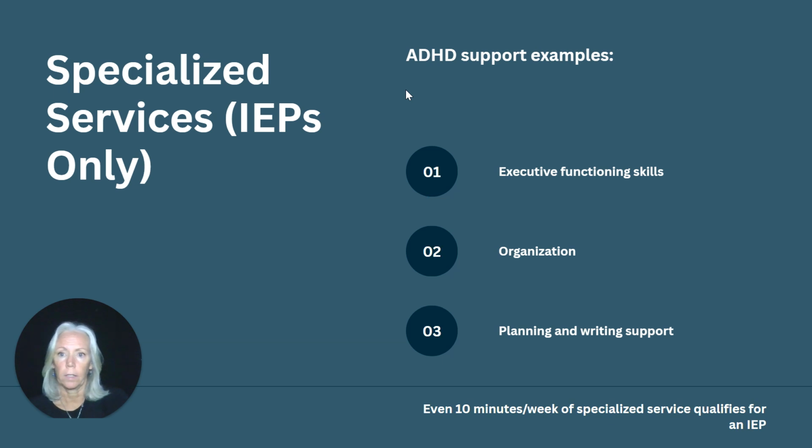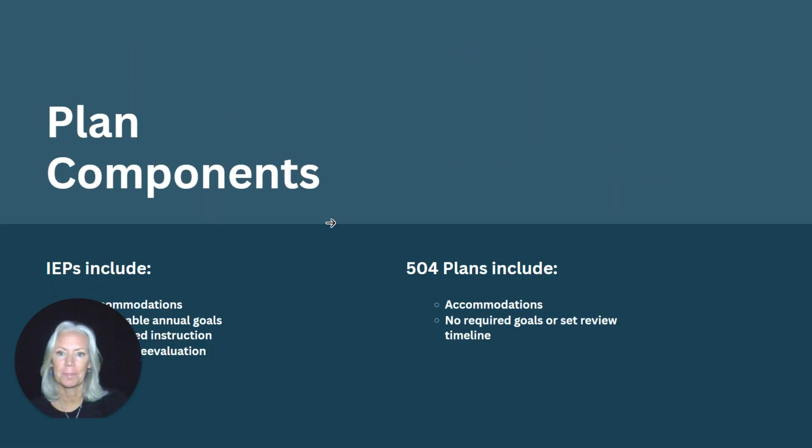Okay. Plan components and review. So these were examples of specialized instruction, which we went through. Plan components and review. So an IEP is a written document that includes accommodations, annual goals, which are measured and updated yearly, specialized educational services, a reevaluation every 3 years.